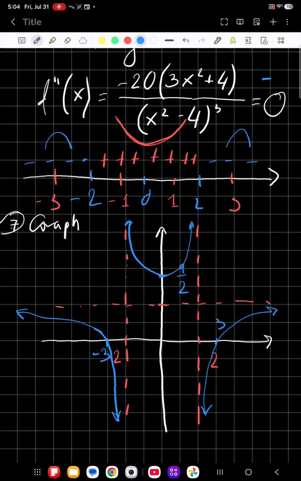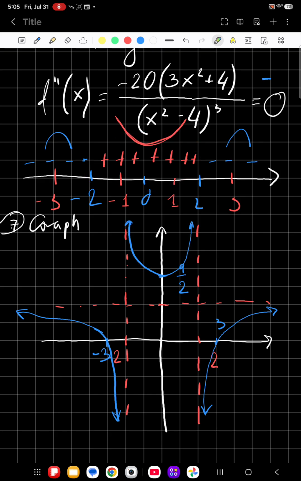But let me just point out a couple things. So first thing, we have concave down. So that's this part. For me, this is probably the most important information. Concave down. Also, the function is decreasing over there. Then over here we have concave up. So that's this section, concave up.